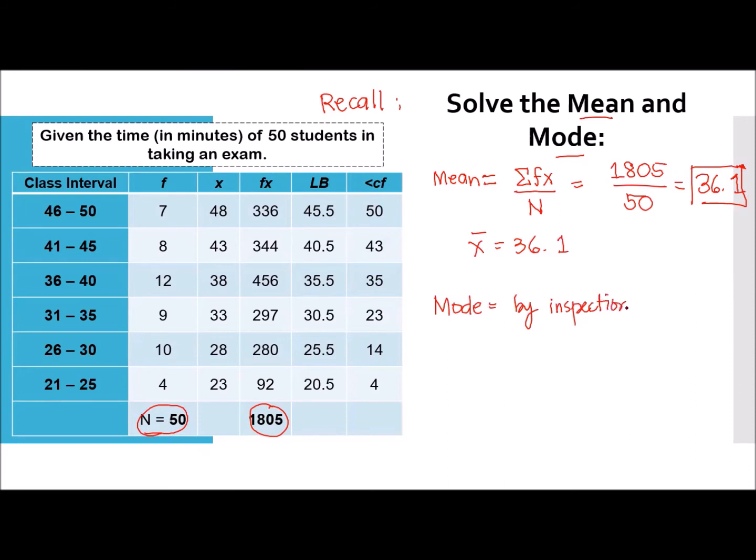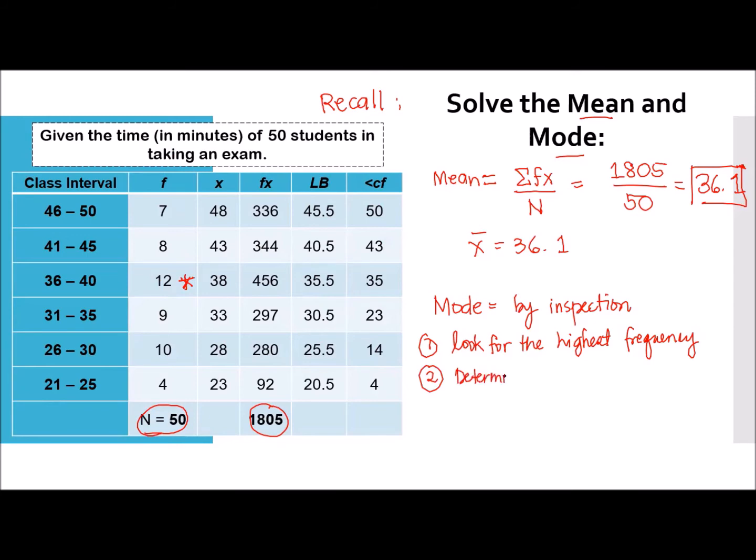Ma'am, paano po iyon? Look for the highest frequency. So, yan yung una natin gagawin. Sino may pinakamataas? So, we will now have 12. Ngayon, sino yung nasa katabi niya na class mark?